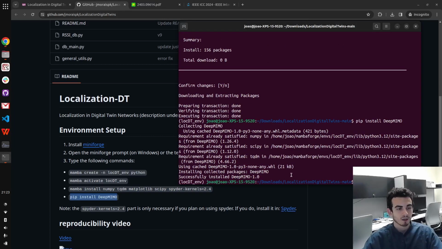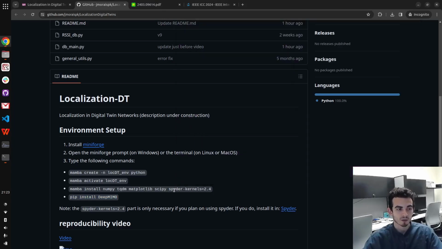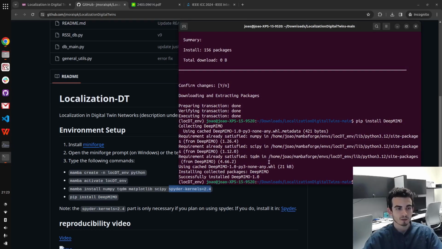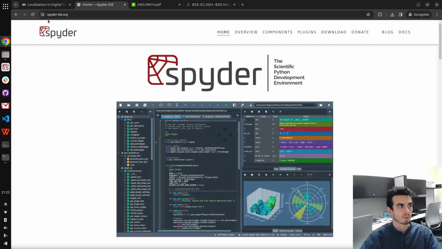Okay, it was fast, it's done. Note that in one of the commands I installed Spyder kernels, and if you are using another IDE, you don't need to install the Spyder kernels. I did because I like to use Spyder, and you can install Spyder here.